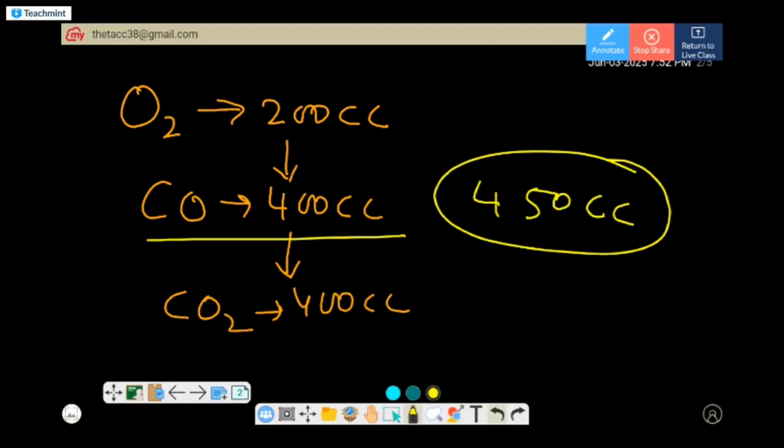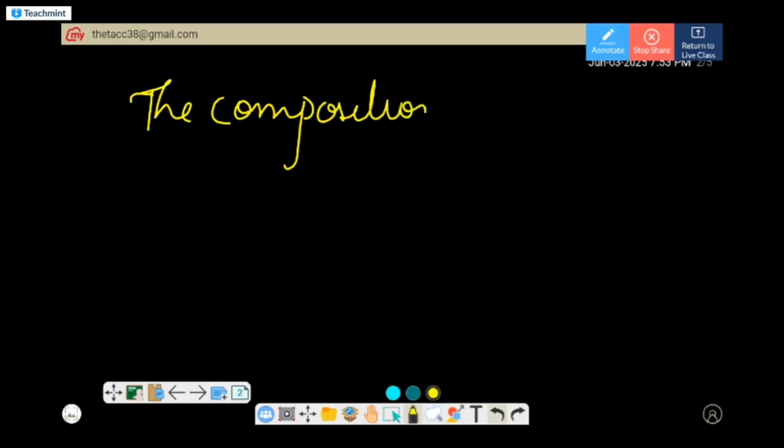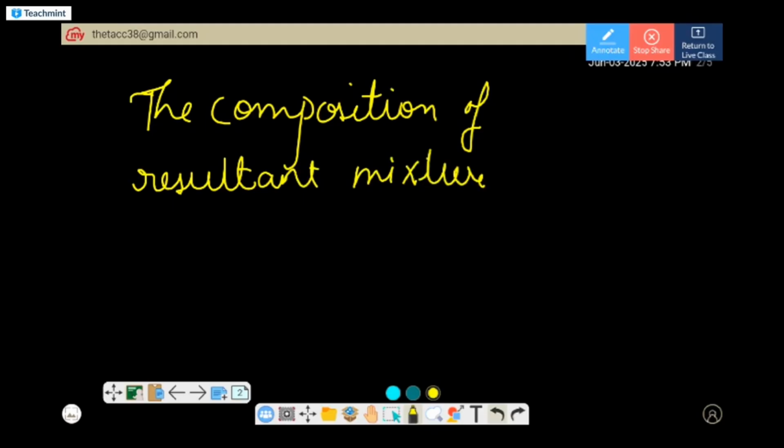So when they ask you for the resultant mixture, according to the equation we are just writing CO2 on the right side. But we know that some CO is left behind. So in the answer, how should you write? The composition of the resultant mixture is: carbon dioxide gas, how much is formed?